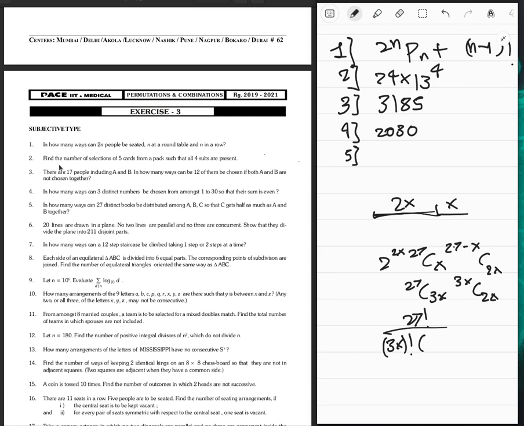Where's the 3x over here? I don't get it. Oh, okay, it's going to come. Actually, it's going to come: 27 minus 3x factorial. Then this is 3x factorial once, right, it cancels as expected, and then upon 2x factorial and just x factorial. So it's just 27 factorial upon 2x. It's multinomial. Okay, understood, fine.